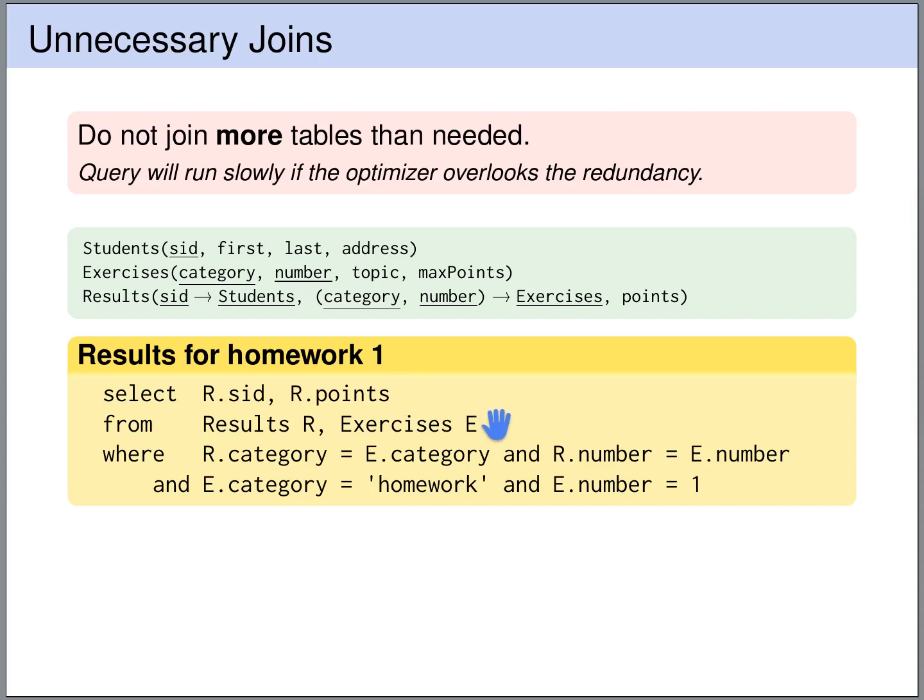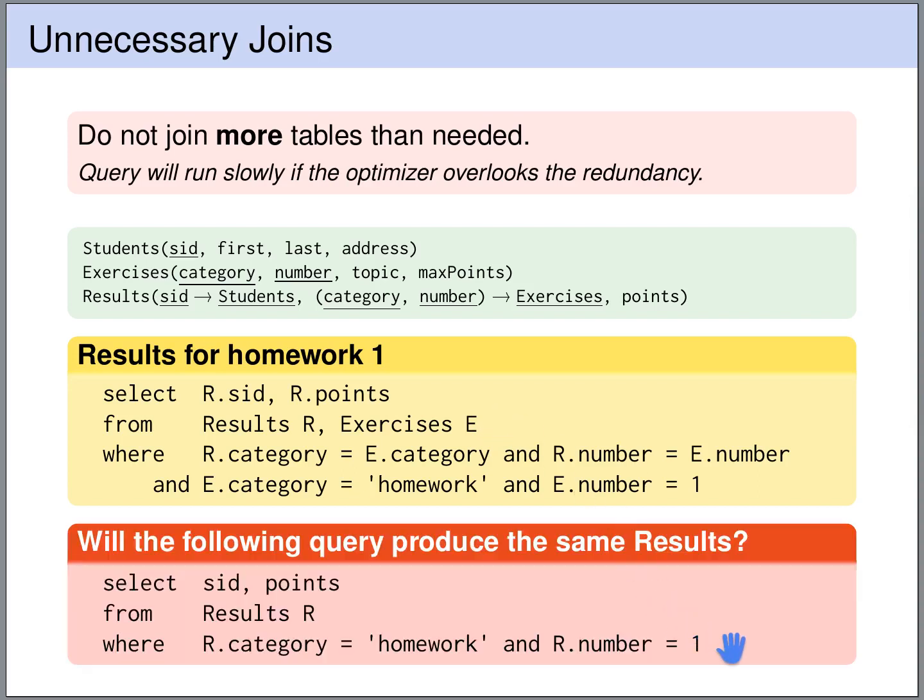Now, the question is, can we eliminate this table exercises? So is this query equivalent to the following query, where we only query the table results, and we say we want those results for homework 1. Now if we look at the yellow query, the first thing we observe is that here we can write r.category instead of e.category.